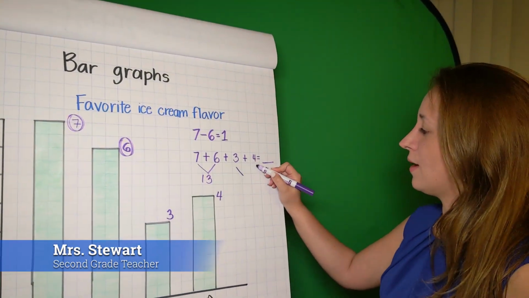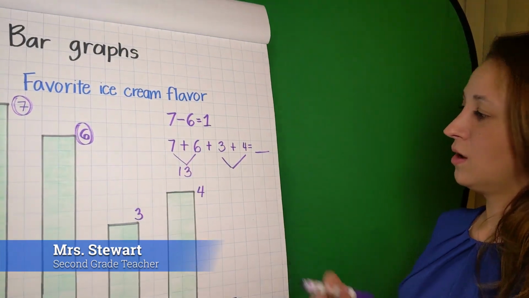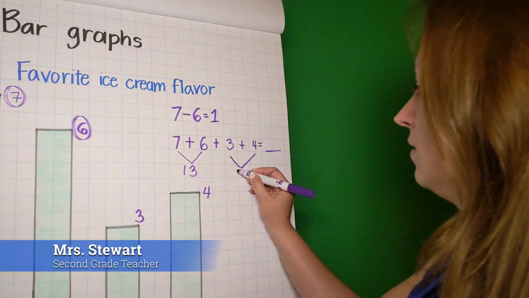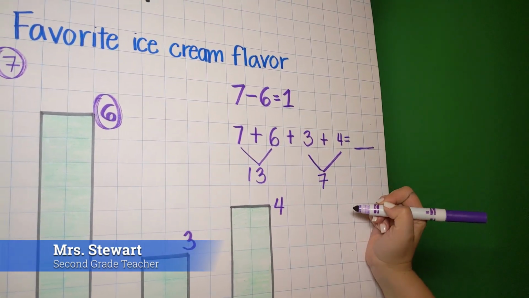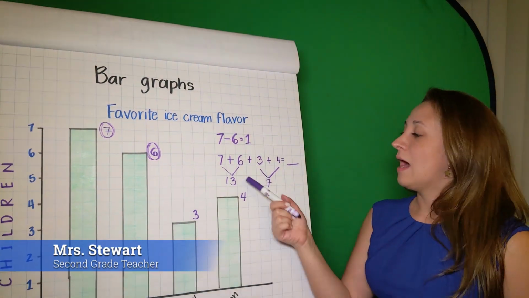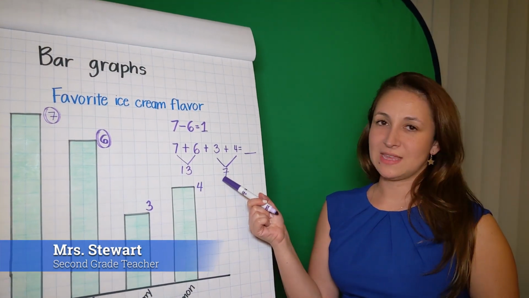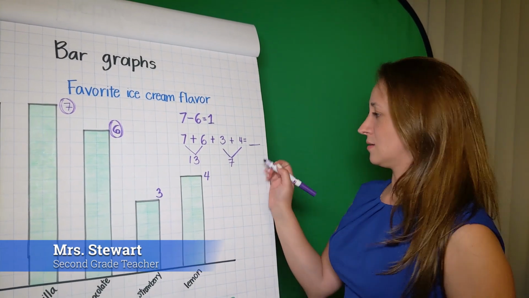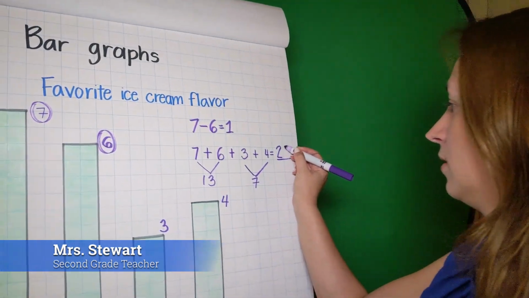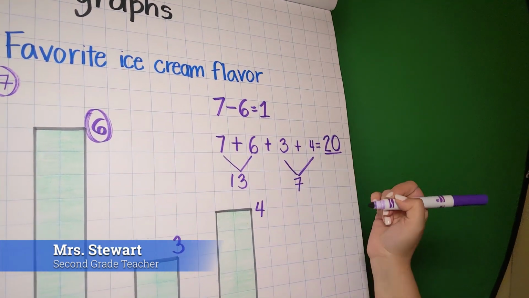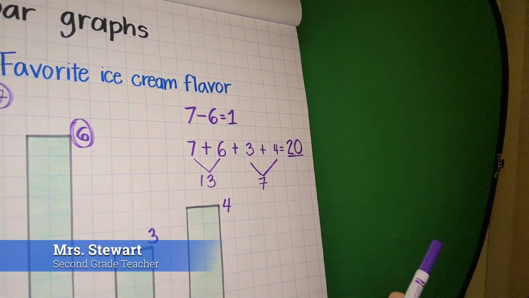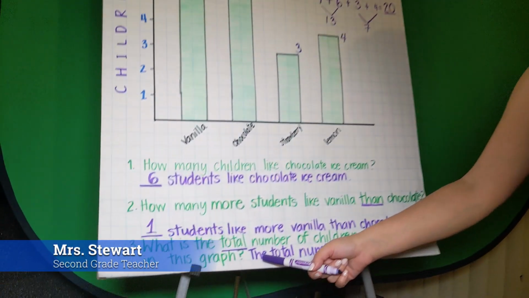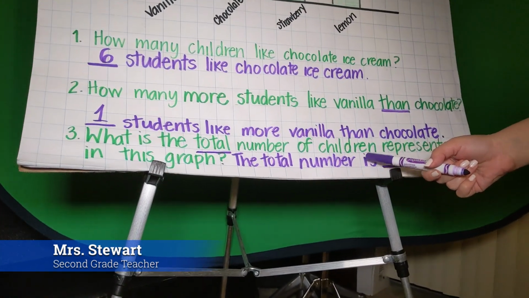Then we're going to add 3 plus 4. We know that 3 plus 4 is equal to 7. Now let's add 13 plus 7. 13 plus 7 is equal to 20. That's my total. Now let's answer the question. The total number is 20.